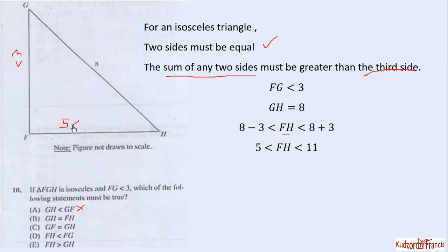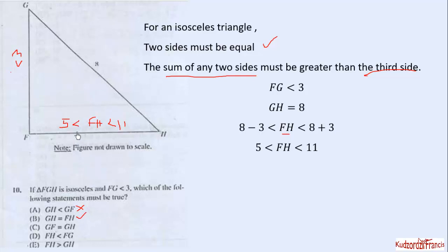This side must be between 5 and 11. FH is between 5 and 11. So if that is the case, let's move on with our options. GH is equal to FH. We know GH is 8. So if FH is equal to 8, we know 8 is lying within this interval. So that statement can be true.